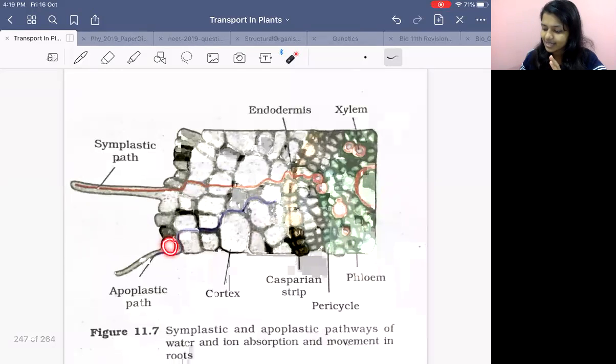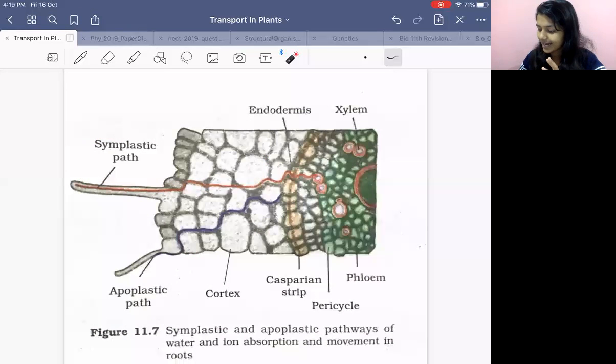If these are the cells, what are these? These are the intercellular spaces. If the movement happens through this apoplast path, and it is crossing the plasma membrane, then it is what? Symplast. This is the endodermis.